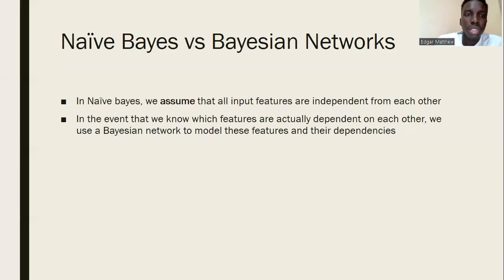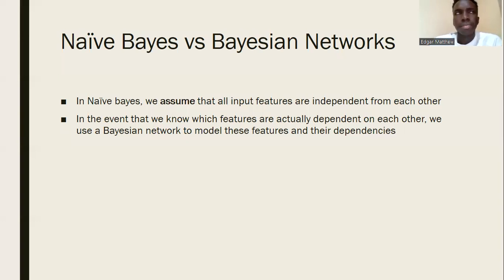This is a comparison between naive Bayes and Bayesian networks, and it's basically the same thing. In naive Bayes, we assume all the input features are independent. And in Bayesian networks, it is a situation whereby we know which factors depend on each other.